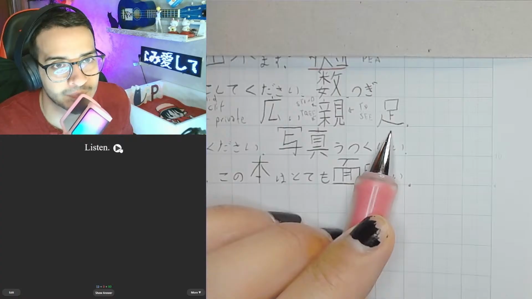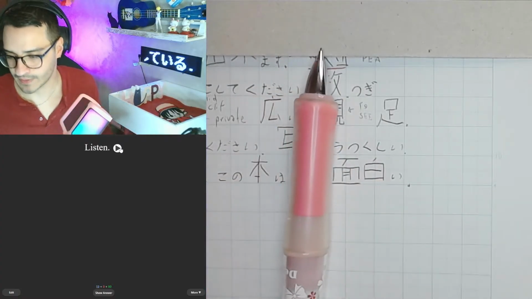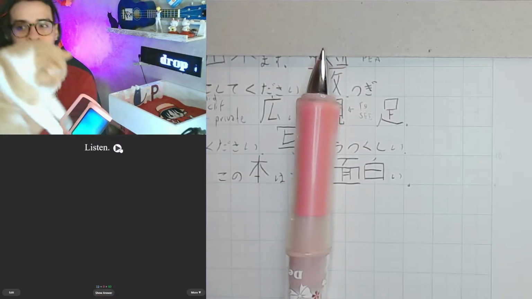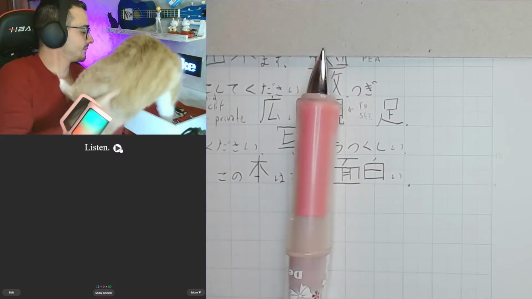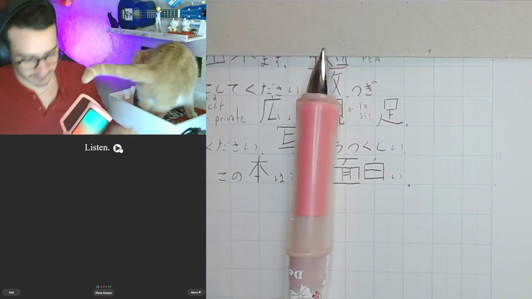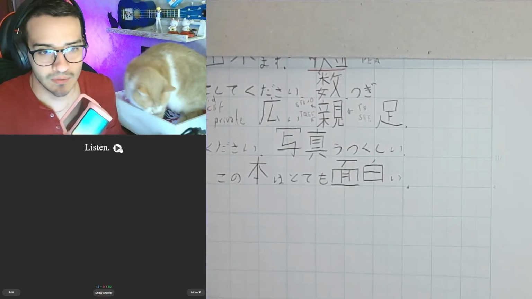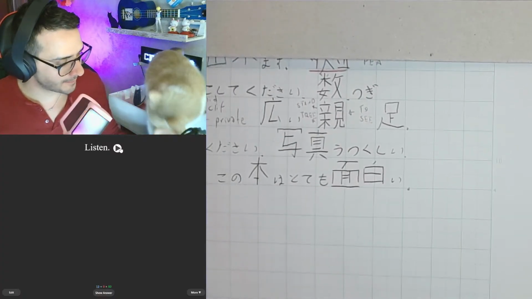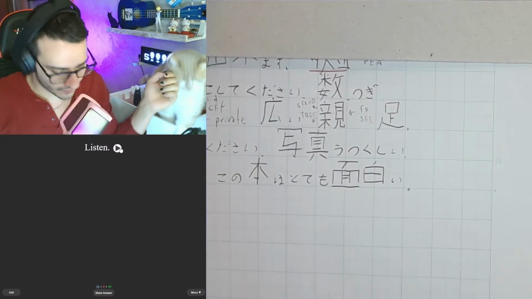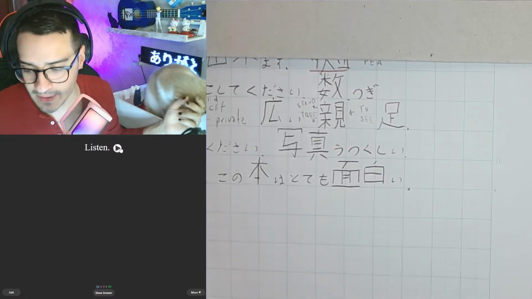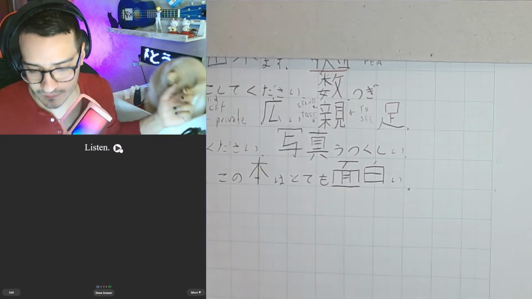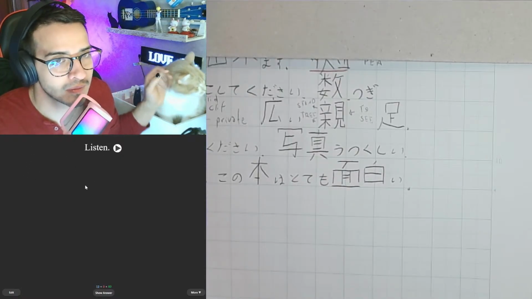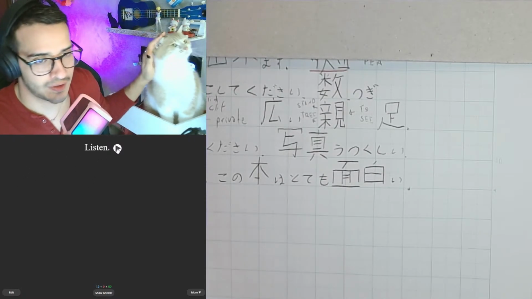落ちる. Ochiru. So new flashcard. Ochiru should be to fall. 落ちる, ochiru.